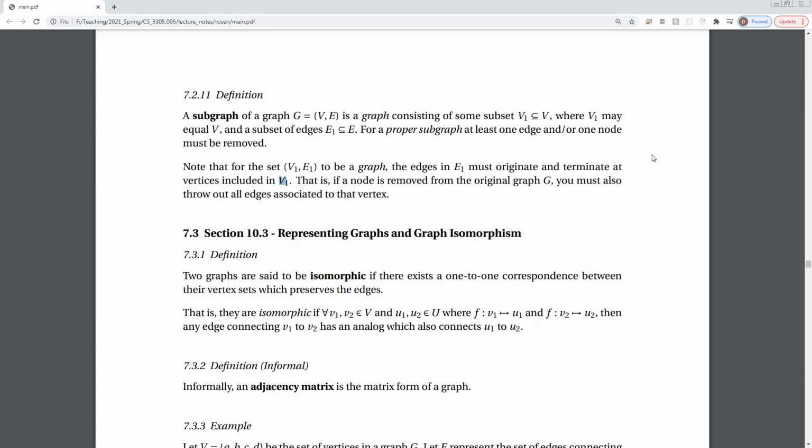So let's say that we have a graph of the interstate highway system, and we discuss some subset of that system. We can discuss it in terms of cities.